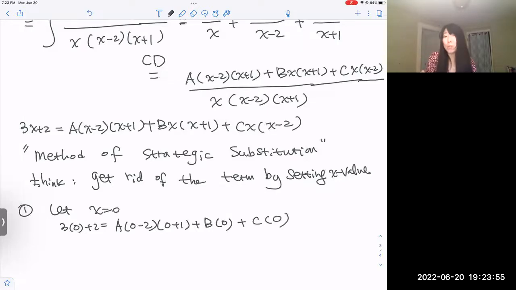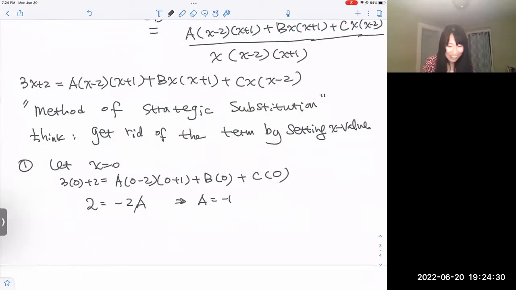Everything is 0 except the first term, so we have 2 equal to -2A. So A equals -1.